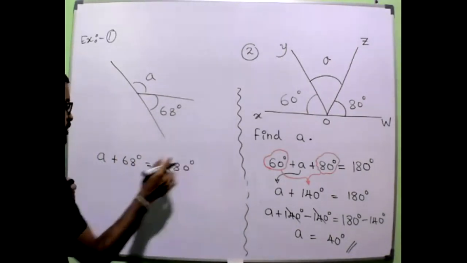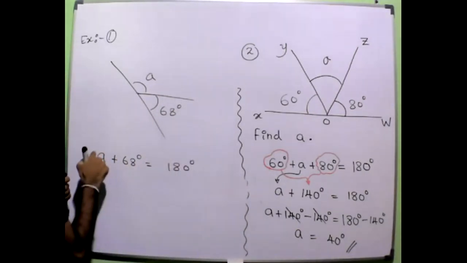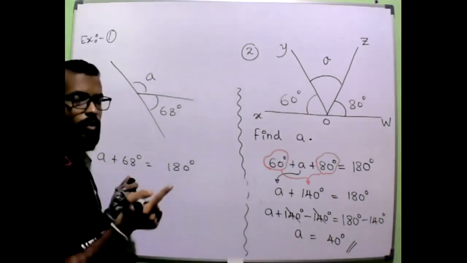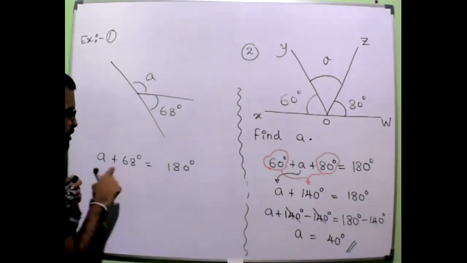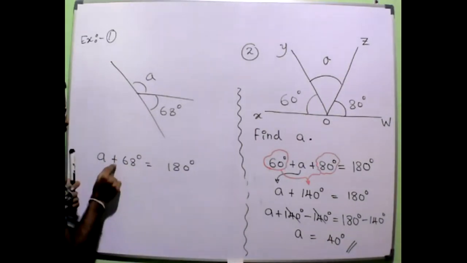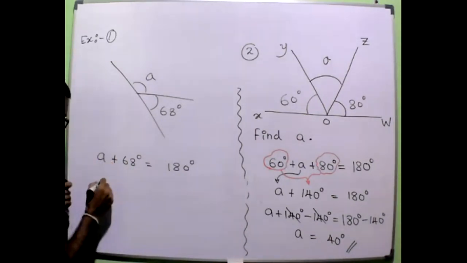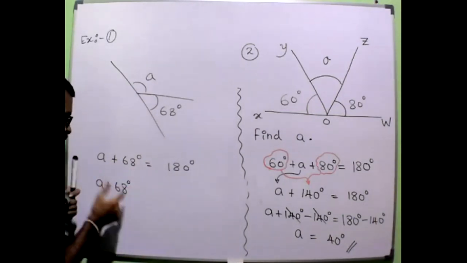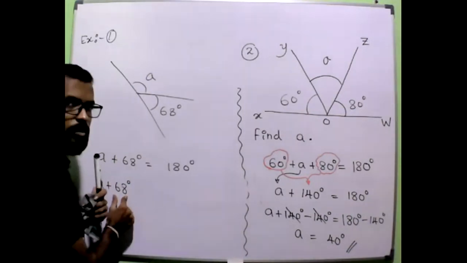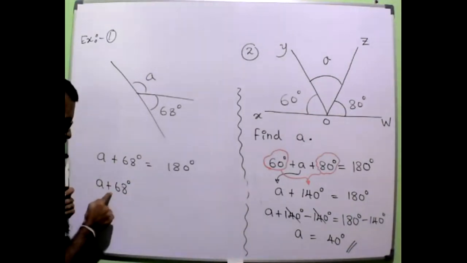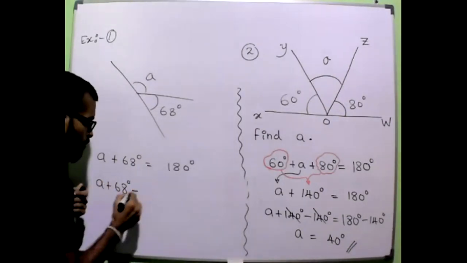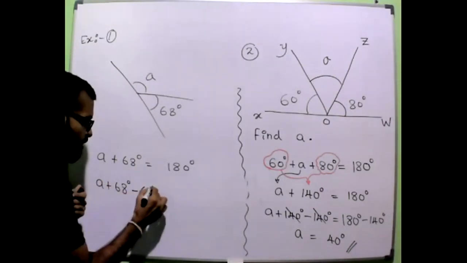Now you need to make A the subject. That means you need to find the value of A. So you need to remove this positive 68. What is the opposite of positive? It is negative. Negative 68.